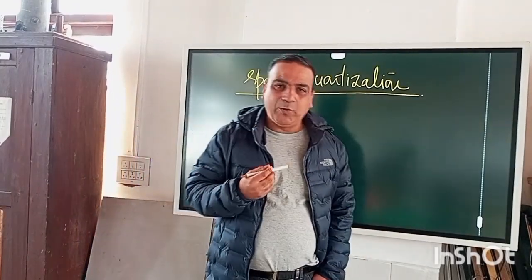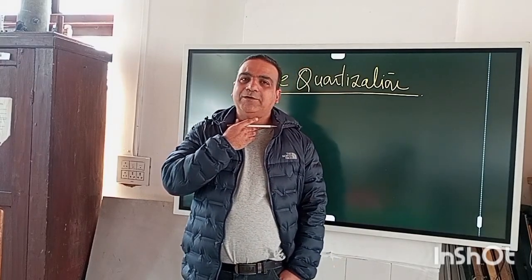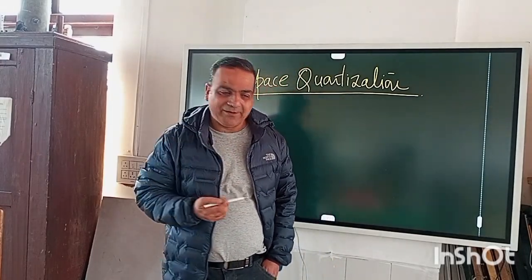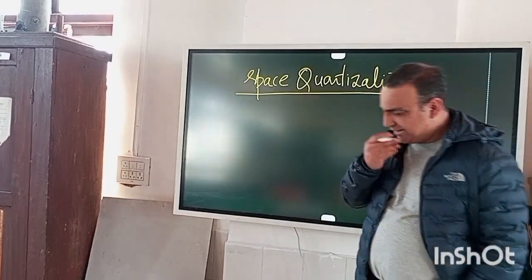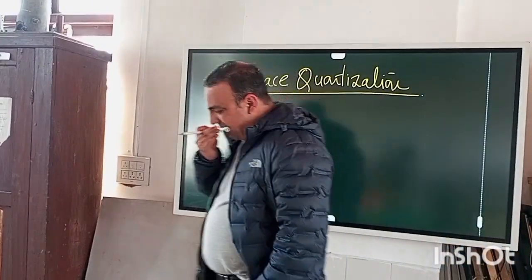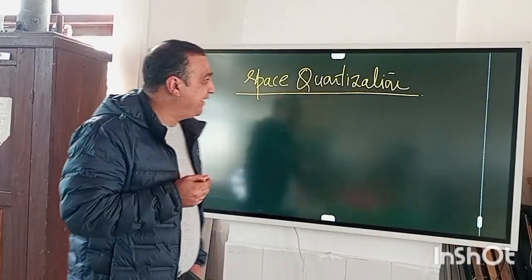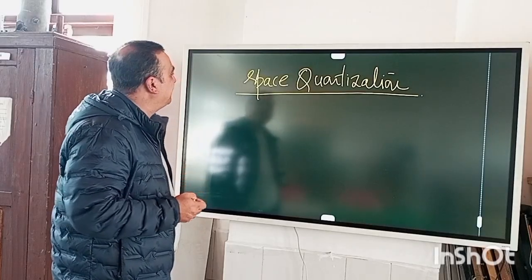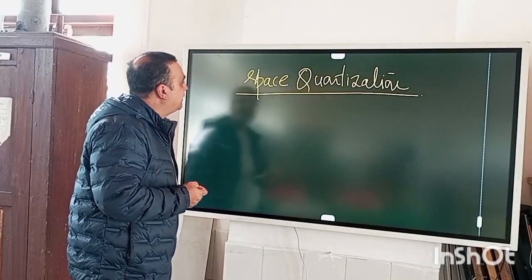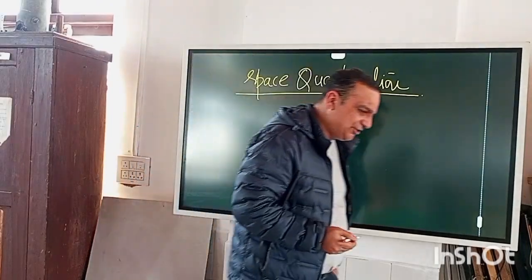We obtained an equation for the measurement of the magnetic moment of an electron of a one electron atom. And now we will be extending the idea of space quantization.